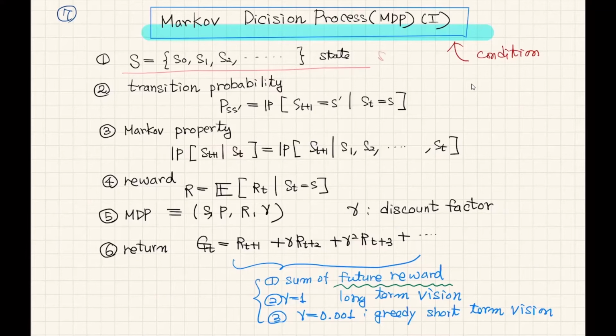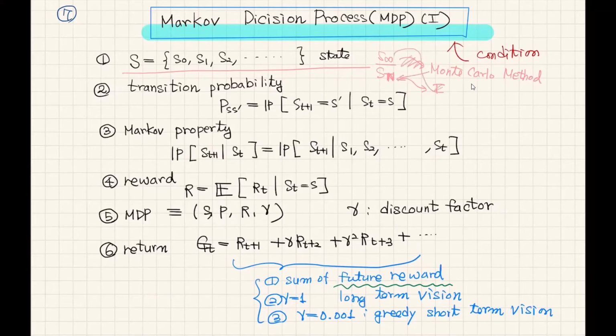Sometimes it may be infinite, or sometimes it has a finite number. If the state has a finite number, we can apply the Monte Carlo method.